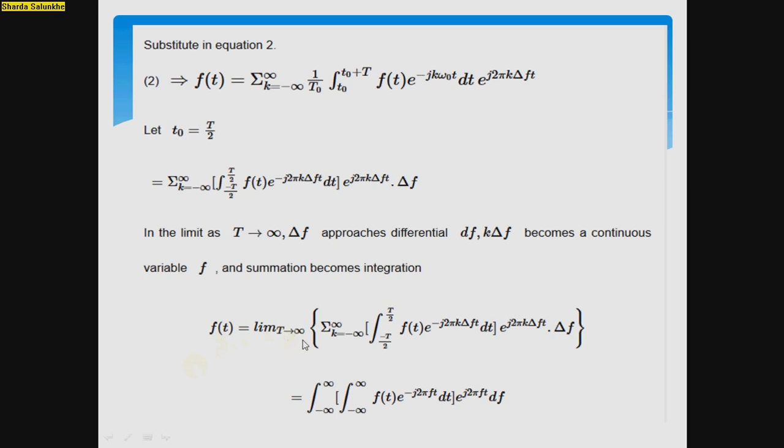That is, f of t, limit T tends to infinity, summation of k equals minus infinity to infinity, integration over the period of f of t into e raised to minus j 2 pi k delta f t into e raised to j 2 pi k delta f t into delta f, is equal to the integration of f of t into e raised to minus j 2 pi f t dt into e raised to j 2 pi f t df.